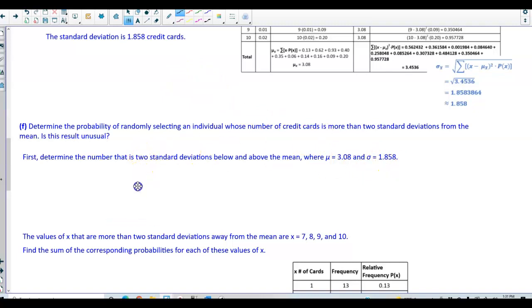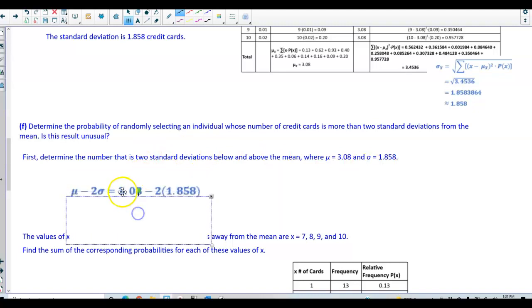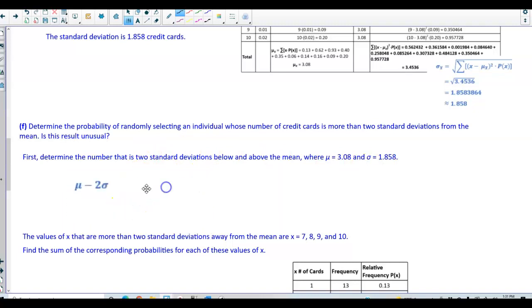So what we're going to do is the following. We're going to use this formula, right? So we have mu minus 2 times the standard deviation. So we know that mu represents 3.08 minus 2 times the standard deviation, which gives us the value of negative 0.636. And then we've got to find mu plus 2 times the standard deviation. So that means we're going to take 3.08 plus 2 times the standard deviation, which gives us 6.79.